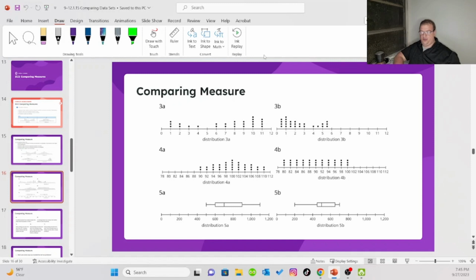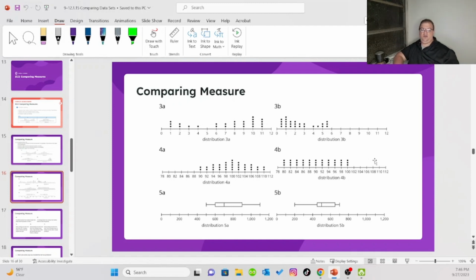Now we can look at 3. 3A seems to have skewed left data because the majority of my points are on the right. My tail goes to the left. 3B, I seem to have skewed right data because most of my points are on the left with my tail going to the right.